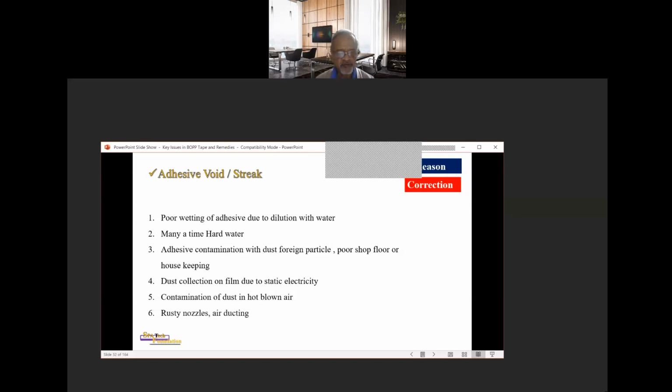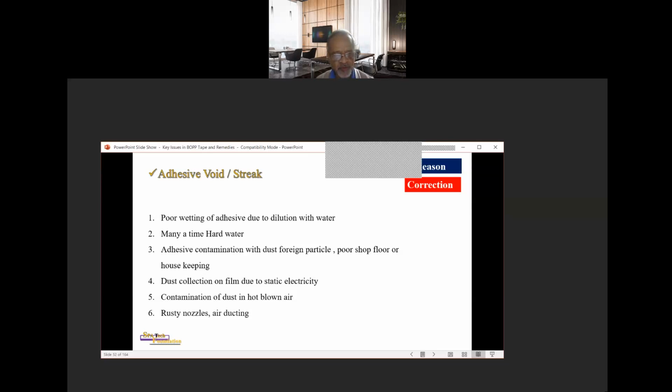Rusty nozzles or air ductings. Many times the hot air carrying ductings are fabricated out of galvanized steel or mild steel with no protection or surface coating.